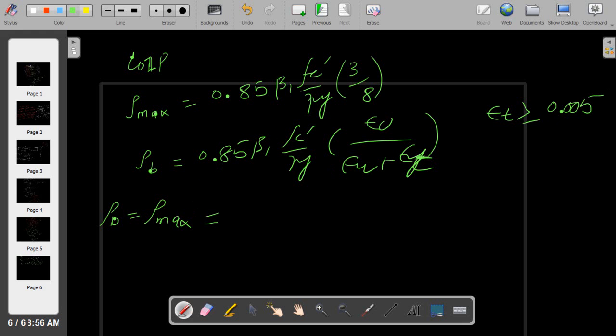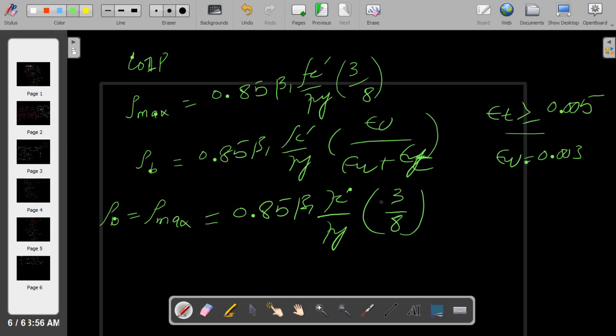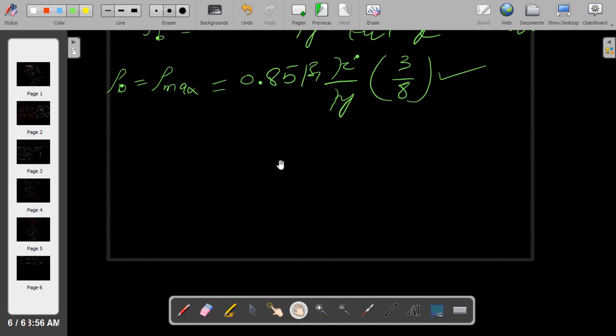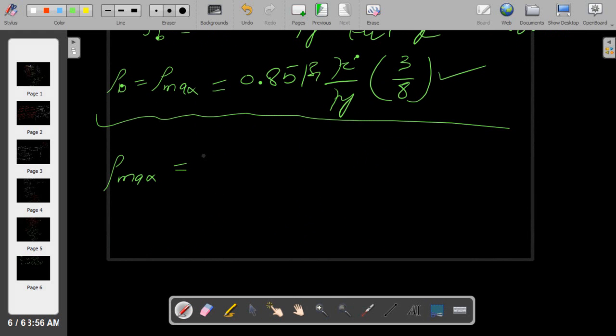Using this limitation and epsilon u equals 0.003, we can easily find fc prime divided by fy, into 3 by 8, because 3 divided by 5 plus 3 equals 8. This is the equation. We have already derived it in previous parts, so please go there and watch that lecture. From this equation we can find the value of rho max.